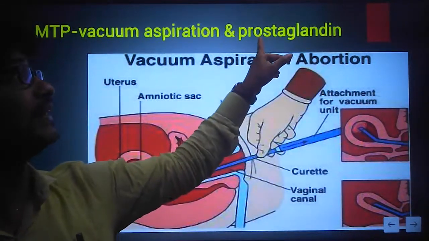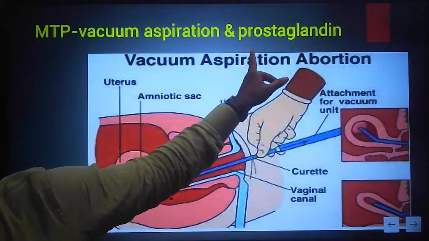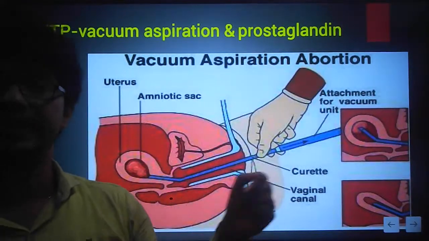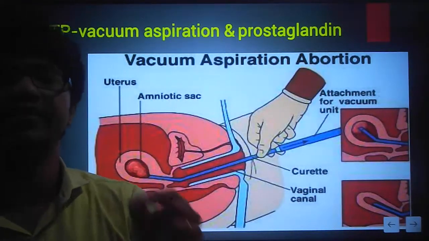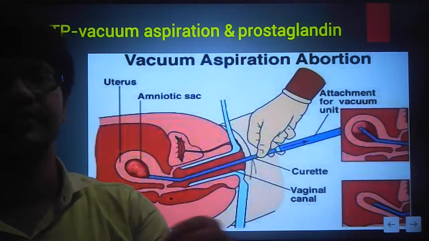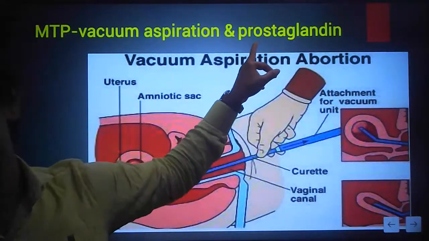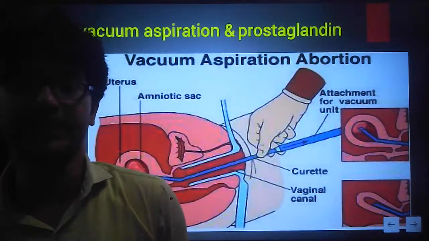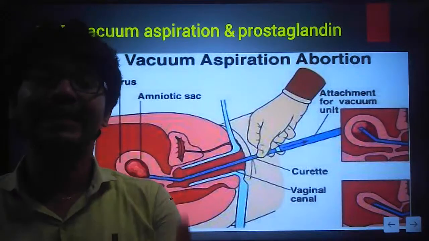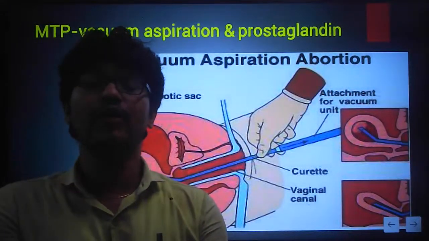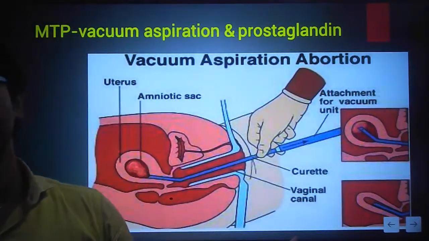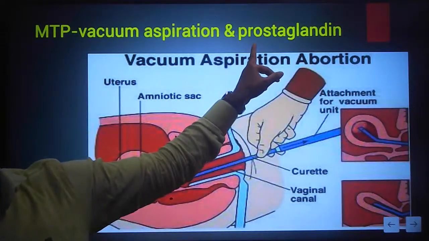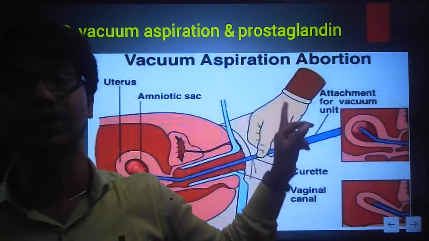When we inject prostaglandin into the woman within 12 or 14 weeks, the prostaglandin increases the uterine contraction. This increased uterine contraction leads to abortion.